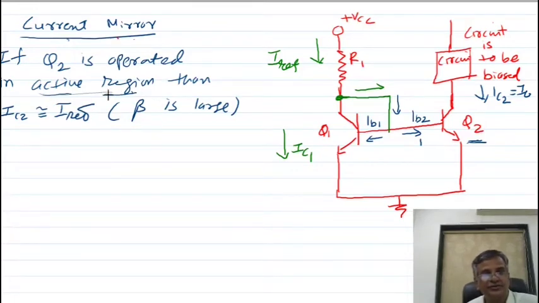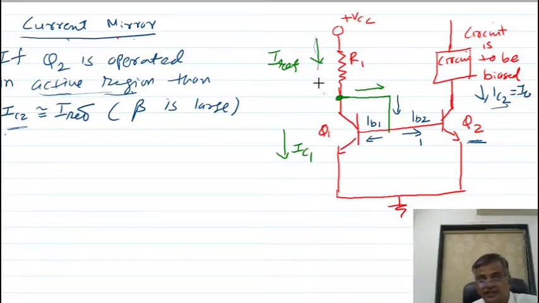So that is the condition under which this current is a reflection of this current. Current IC2 is a reflection of the reference current, or a mirror image of the I reference current.